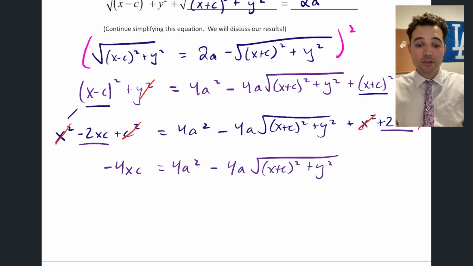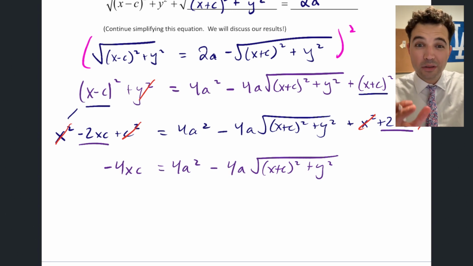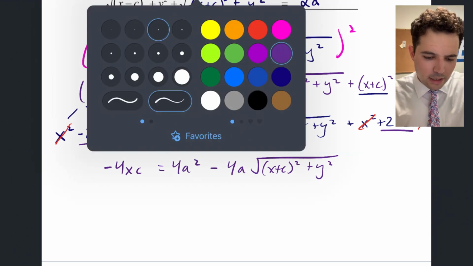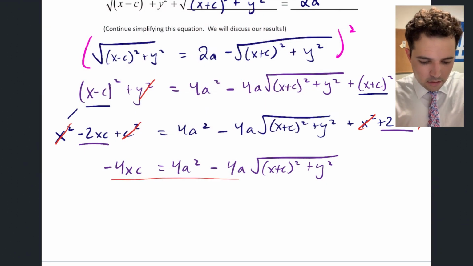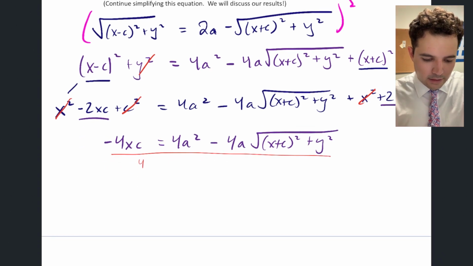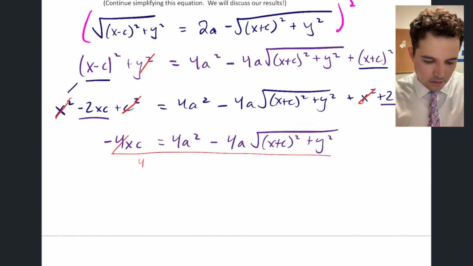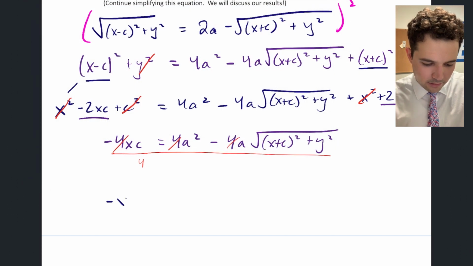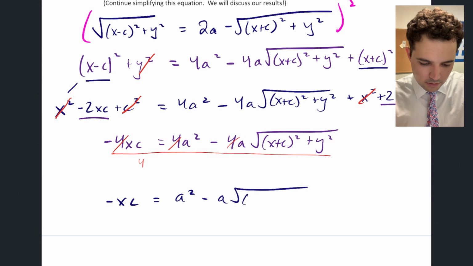Ooh. Okay, so we've done a lot of work here. We still have to square it one more time to get rid of this other radical, but let's do one more simplification. I'm going to divide this entire equation by 4. That's going to eliminate this, that, and that 4. And now we're left with negative xc is equal to a squared minus a with this whole radical.